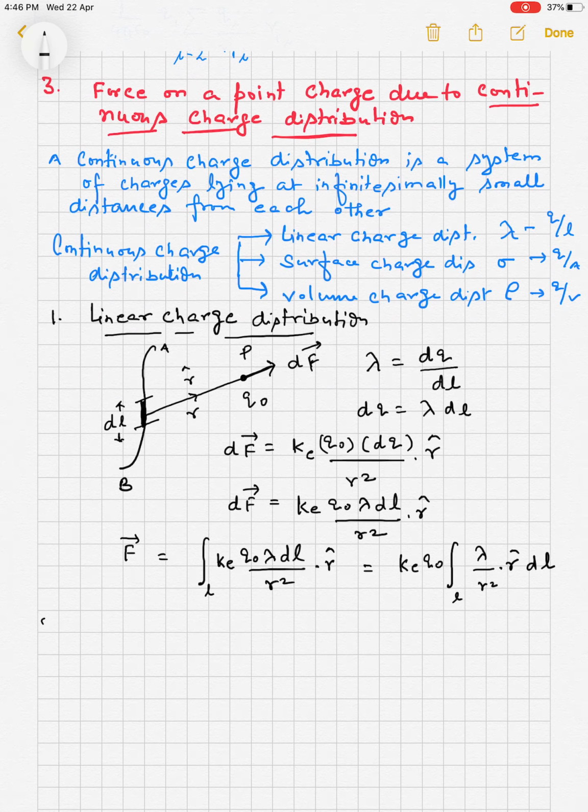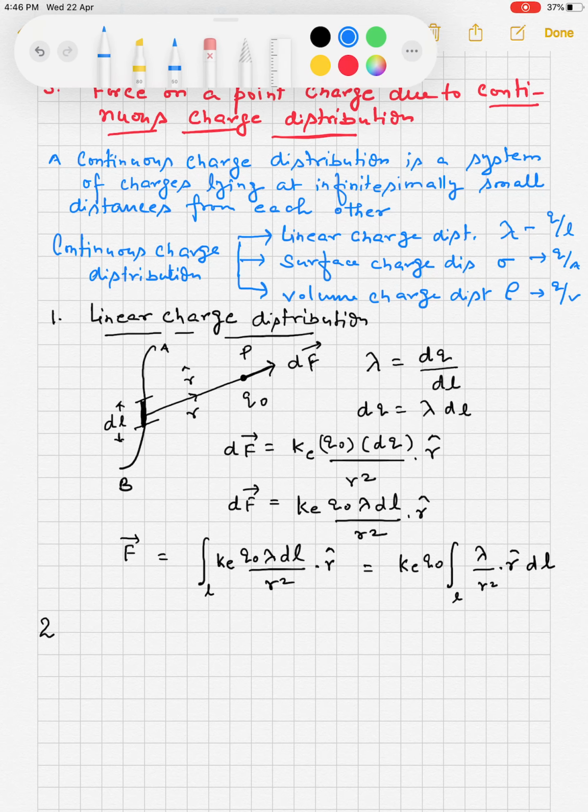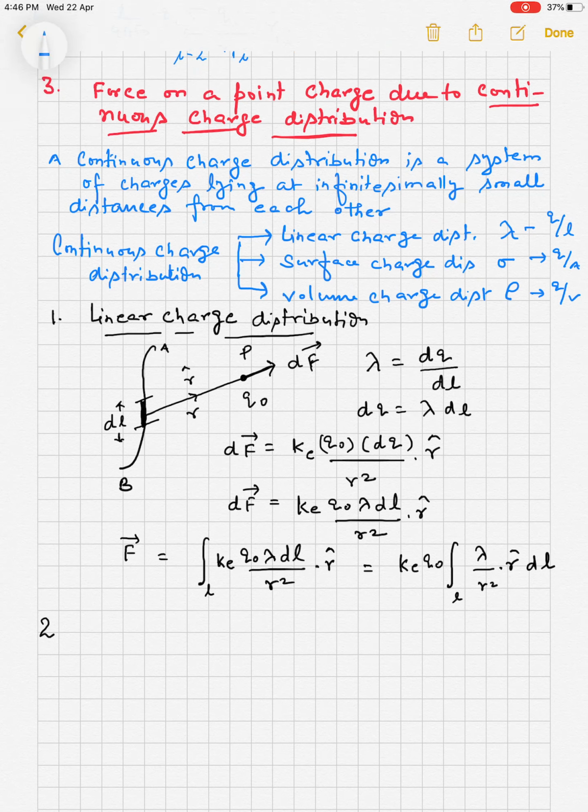Now the second is surface charge distribution.